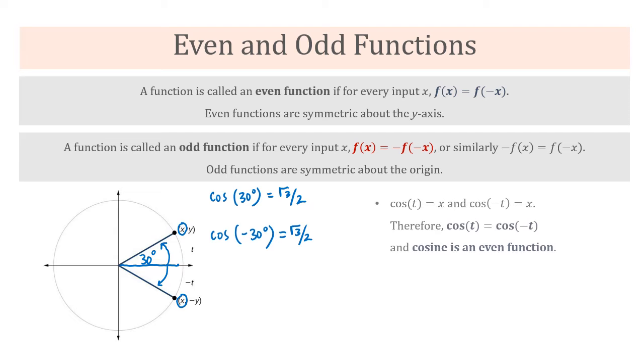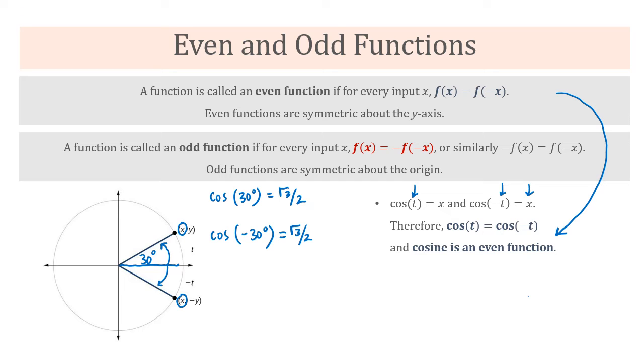Therefore, if you have the cosine of an angle, we'll randomly call that angle t, it's going to have an output of x. If that input is negative t, we're still going to have an output of x. That matches what we called the even function. So the cosine is an even function.